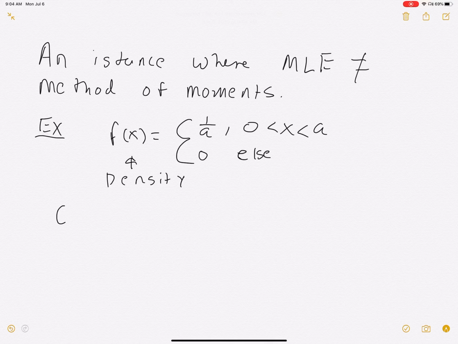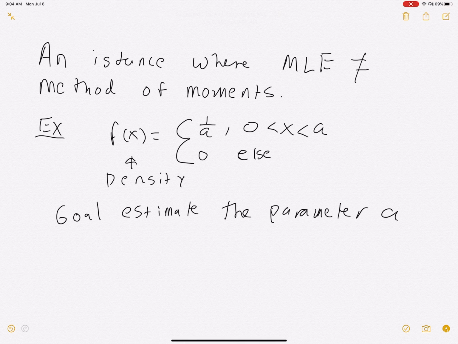Okay, and this is our goal: estimate the parameter a from data. Okay, and there's two methods.